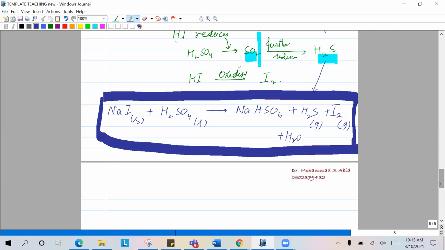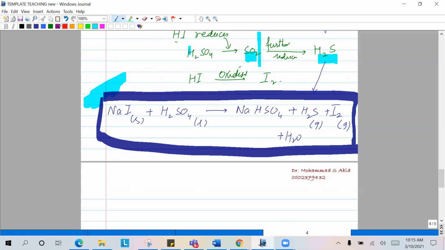Now, if you want to know whether this reaction is a redox or not, what you have to do is just look at the oxidation numbers. Over here, I will only write the oxidation numbers for the things that are changing. So I minus is -1. Sulfur over here is +6. Sulfur over here is +6, so there is no change. But over here, the sulfur is -2, and this is 0.